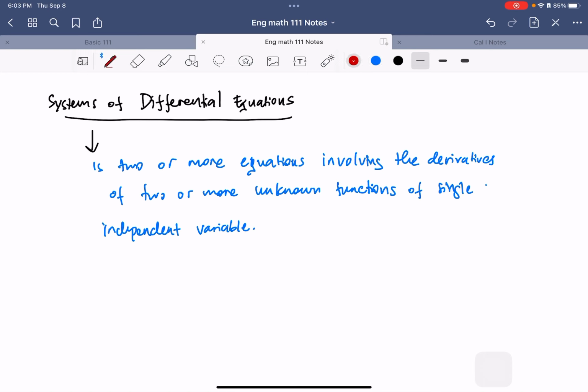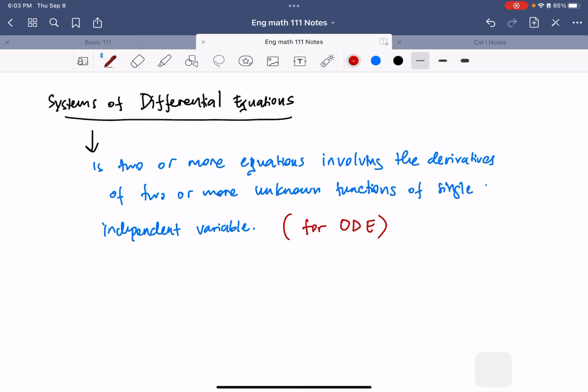This is for ordinary, for ODE. So a system of ordinary differential equations is two or more equations involving the derivatives of two or more unknown functions of a single independent variable.